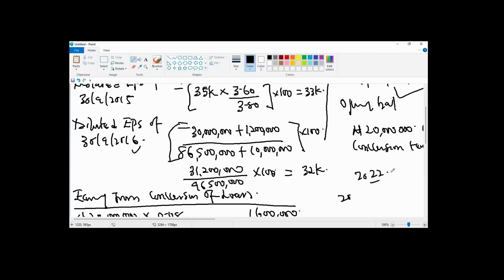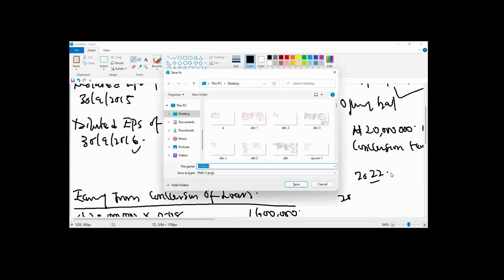So what happens if part of the loan is converted during the year? That is a different scenario.